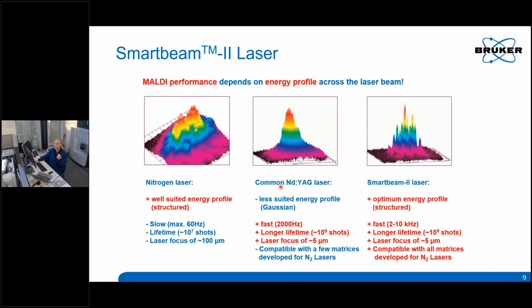Now we're using neodymium YAG lasers tuned to the third harmonic, which brings that IR laser down into the UV range. So now it is compatible with the traditional MALDI matrices as well as any new matrices that might come out. What we do get is the ability to focus that laser down to 5 microns. It lasts a long time, and we get very fast repetition rates from 2,000 hertz to 10,000 hertz. It's got a very long lifetime and will last a lot longer than the nitrogen laser.